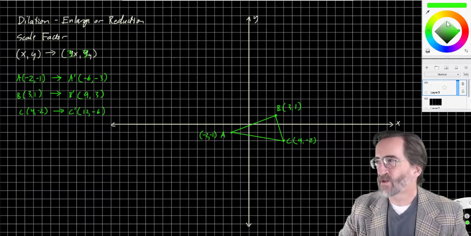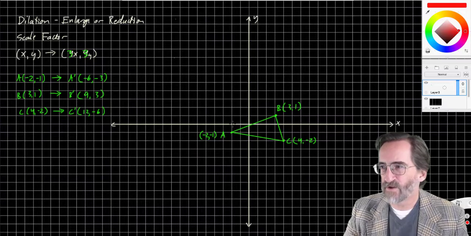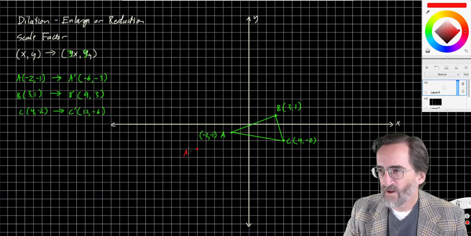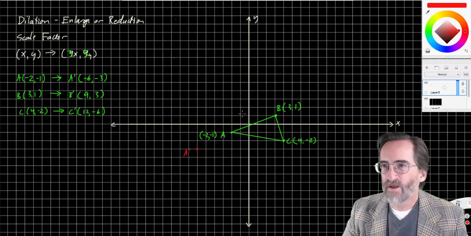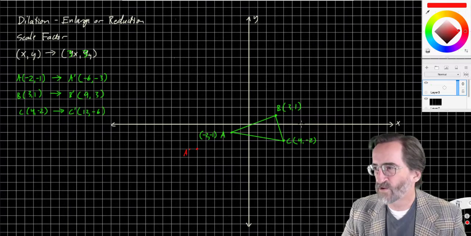Okay, so let's plot those points here. So A prime, -6, -3. A prime, yep. Okay, and B prime is going to be 9, 3.